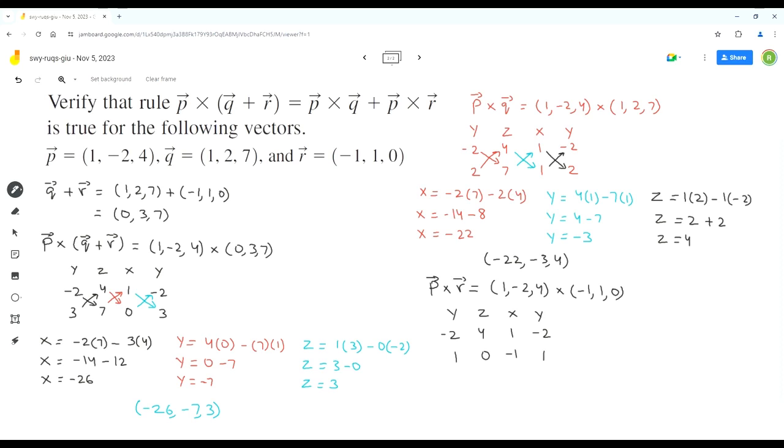Now we can calculate the x component of the cross product of these two vectors.